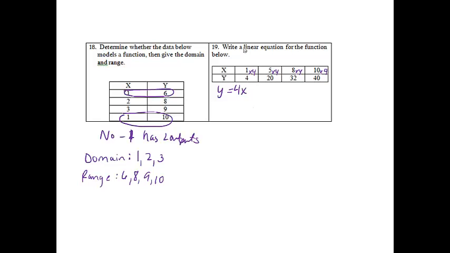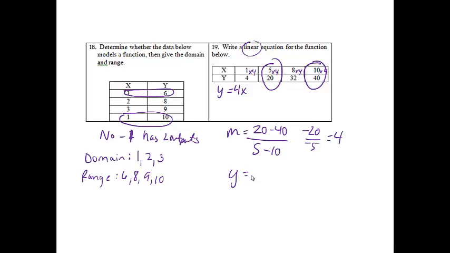Another way to do this is, it did say to write a linear equation, so I could just pick 2 points. So let's say I pick these 2 points right here. I'd have to find the slope. So it's going to be y minus y, so 20 minus 40, over 5 minus 10. That would give me -20 over -5, which equals 4.